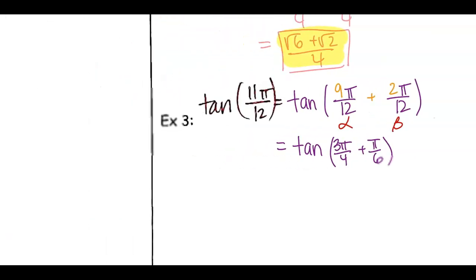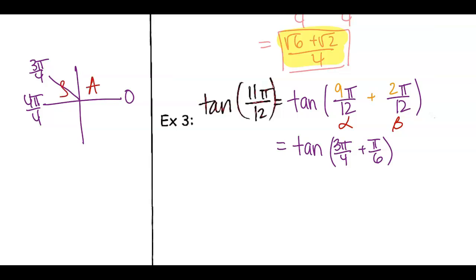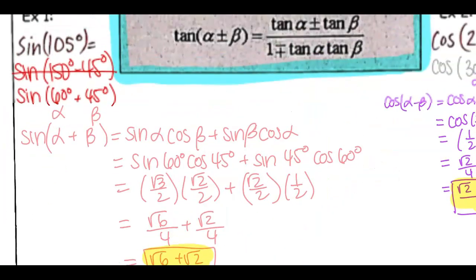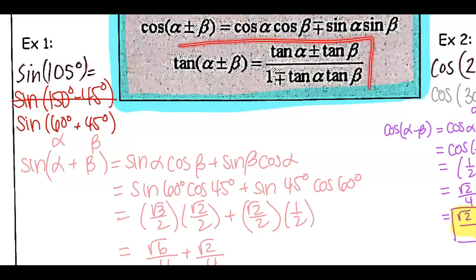So I'm just going to do this over here, even though you probably already know where it is. Here's 0. Here's 4 pi over 4. We're now in radians. 3 pi over 4 is going to be right here. There's a reason why I drew this out. In this quadrant, if you keep in mind that all students take calculus, we're going to need to use the tangent formula for this. Okay, let me just take a quick second and look at my tangent formula. Guys, do you see a sine or a cosine anywhere in this equation?